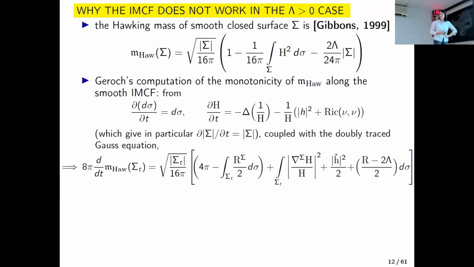But there are two problems. First of all, the Hawking mass cannot be a good concept of total mass for things like the hemisphere or things that are close to being a hemisphere, because if you compute it on the boundary of your manifold, the Hawking mass is 0.